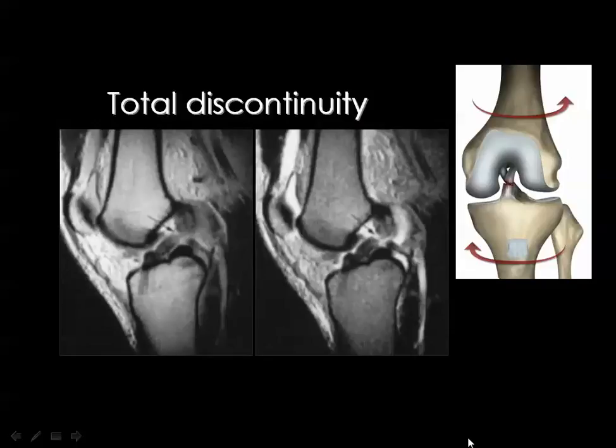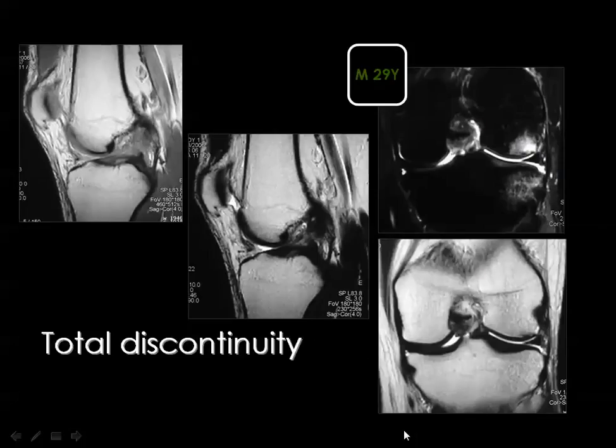And in this example, you can easily appreciate that the anterior cruciate ligament is torn at its mid portion, and the ligament is defective here with diffuse swelling of the ligament itself, as well as increase in its signal intensity. Then look at this example. Here you can see the site of the anterior cruciate ligament is replaced by abnormal signal, and there is a defect in the mid portion of the ligament.